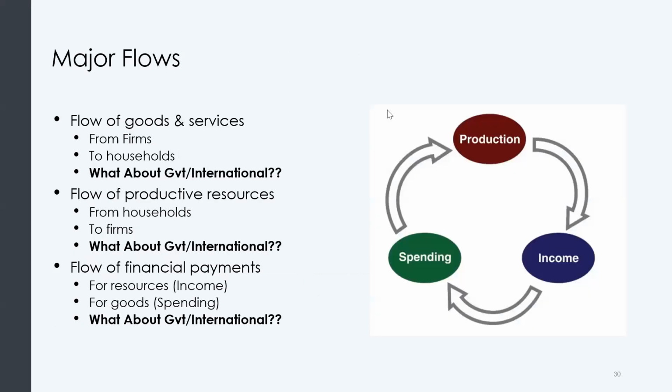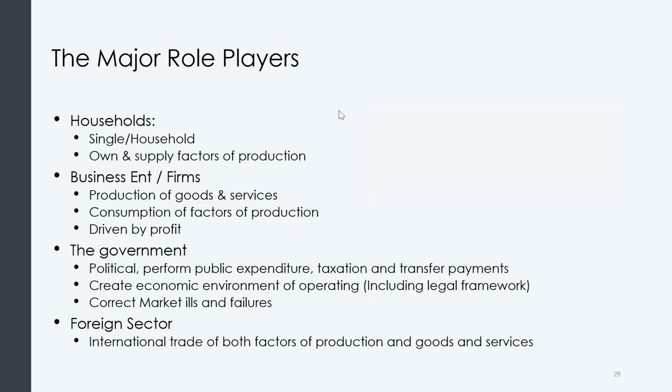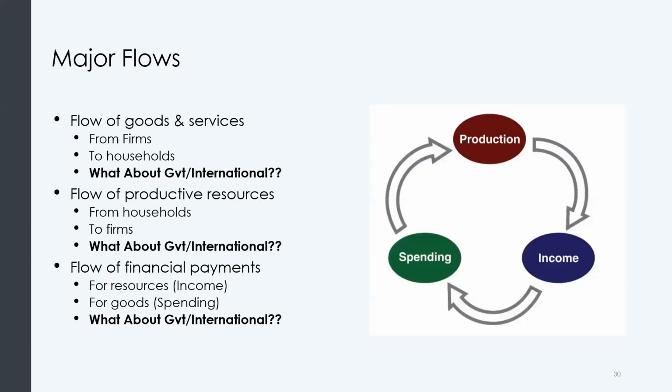So now there is a relationship that exists because of these four major players. And this relationship creates what we call the major flows of an economy. And there are three major flows in an economy. There is the production flow, the spending flow, and the income flow. Right? So when I say the production flow, what am I saying?